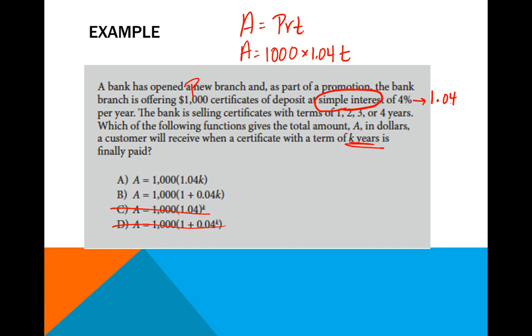And here they have time as K years, so we can change that to a K. So that matches choice A. Be careful, choice B here looks like it could potentially be in the running, but this is really 4% times the number of years, and then that 100% is added back in. So here we're taking 4% each year with the way that A is written.